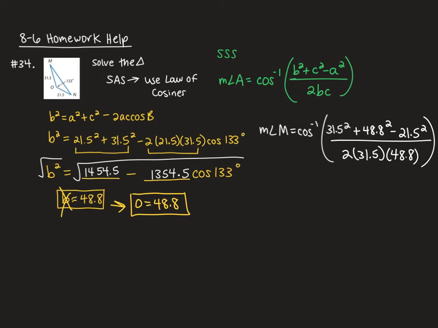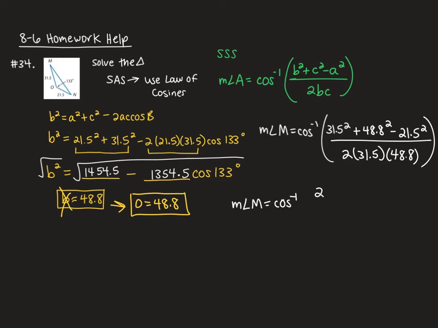Now, I just need to type some stuff in the calculator. Again, I don't recommend putting it all in the calculator at once, especially since you're taking the inverse cosine of it. So I'm going to go ahead and write out one more step here. Go ahead and just type in this whole thing at once. That's okay. That should follow order of operations and be no problem.